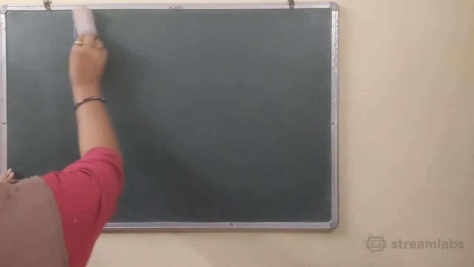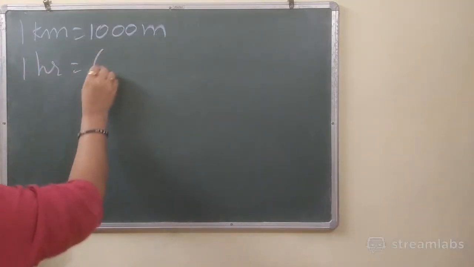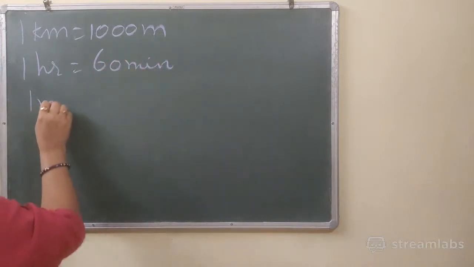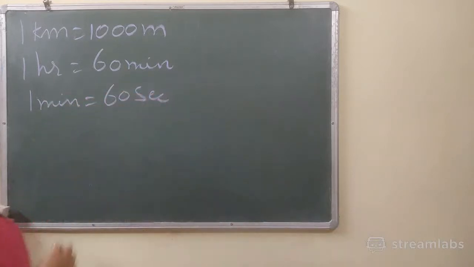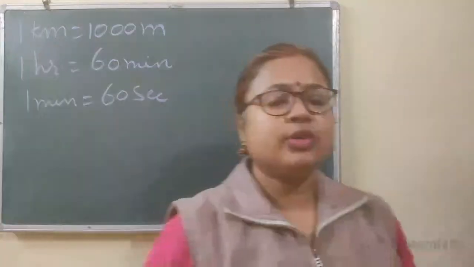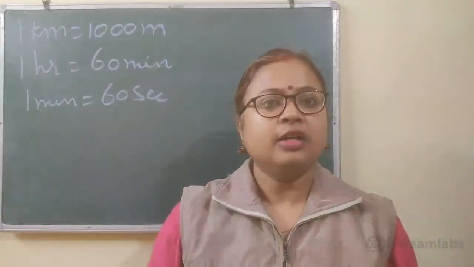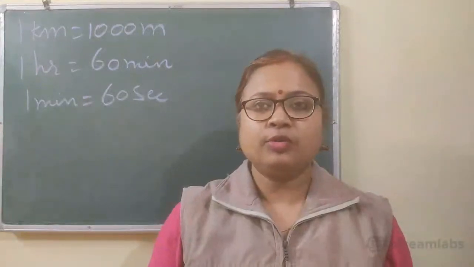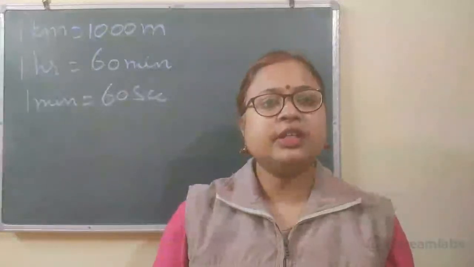This you should know. 1 hour is equal to 60 minutes. 1 minute is equal to 60 seconds. Clear? So these are to convert meter per second into kilometer per hour. Then there is something very shortcut that will help you in the calculation also, and that will help you in saving the time also.